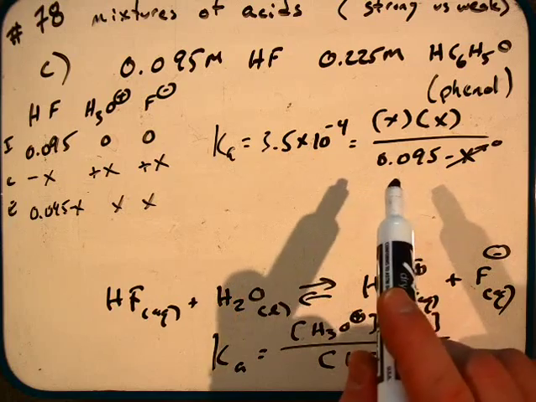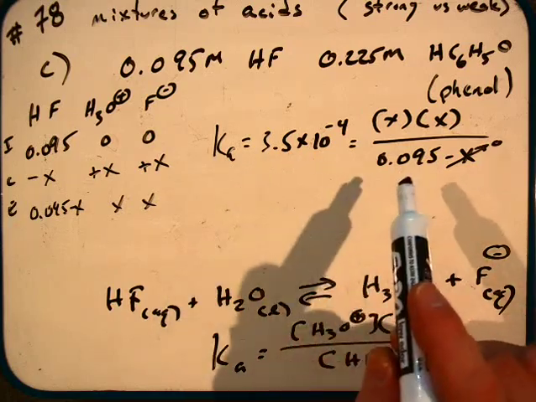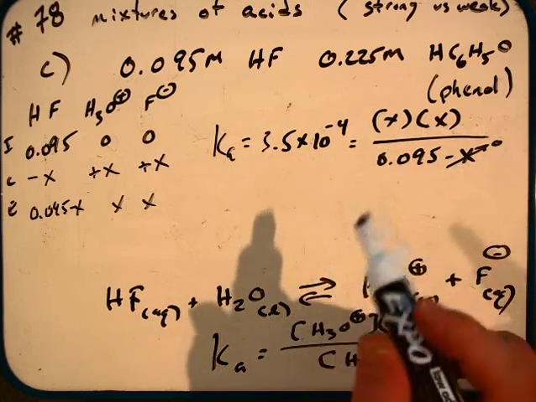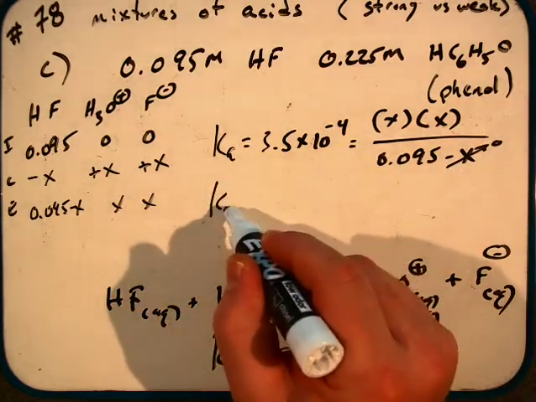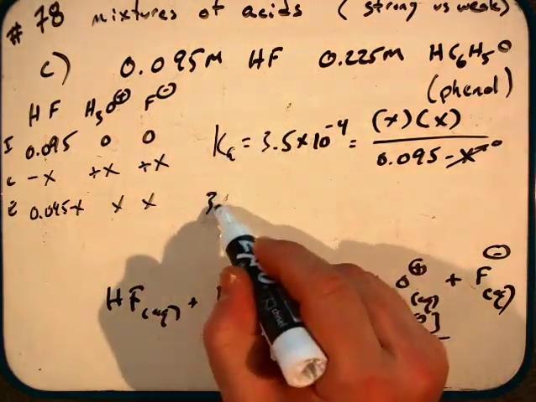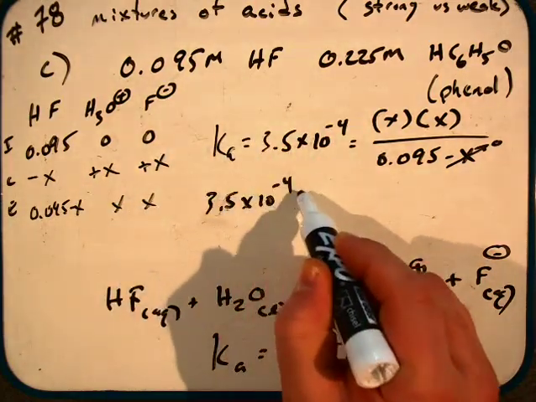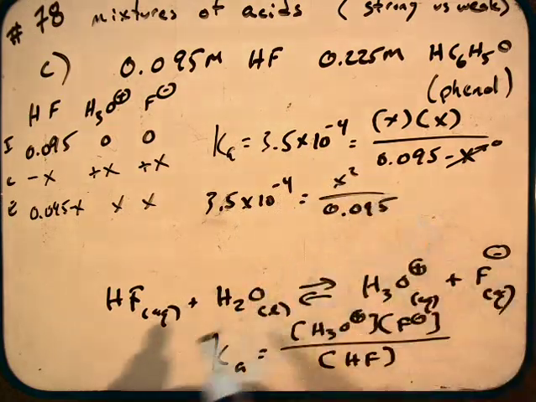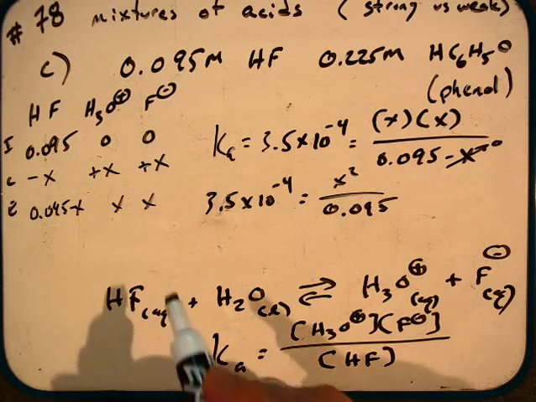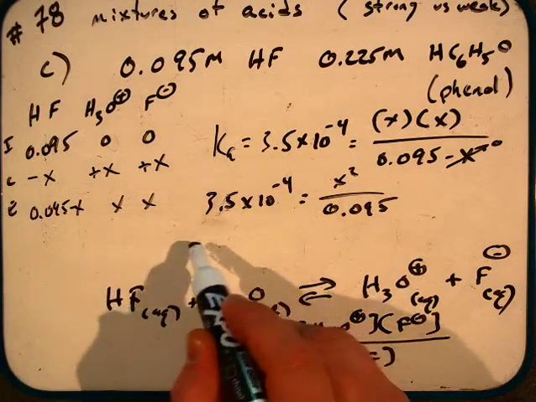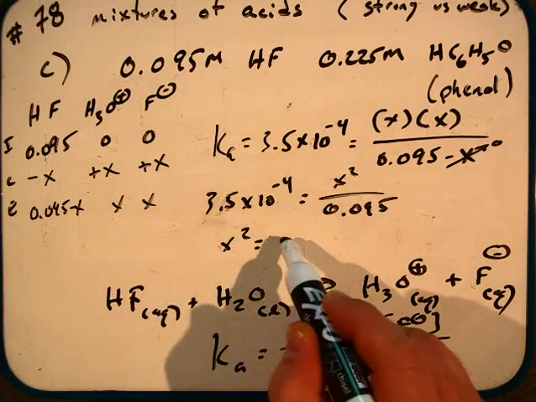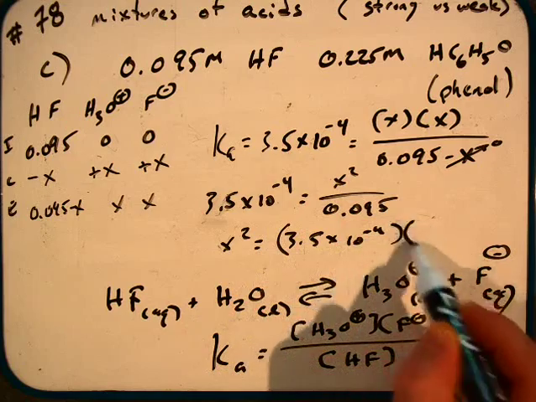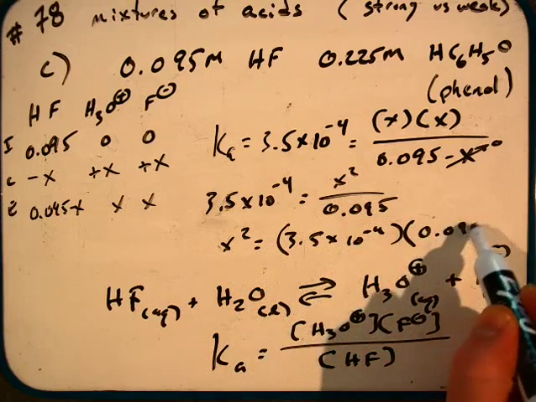Since starting material is favored by our Ka, that means the change is going to be small relative to it. And now we can solve. So 3.5 times 10 to the negative fourth is going to equal x squared over 0.095. That x squared is going to be equal to 3.5 times 10 to the negative fourth times 0.095.